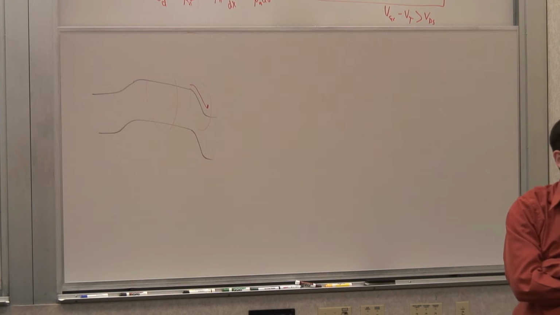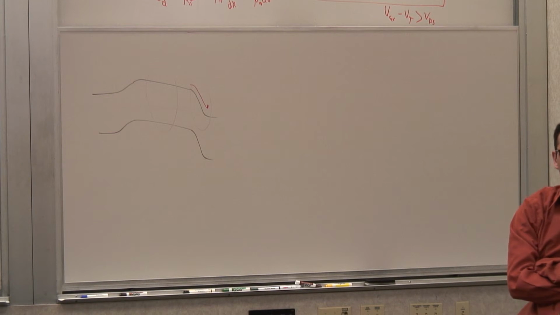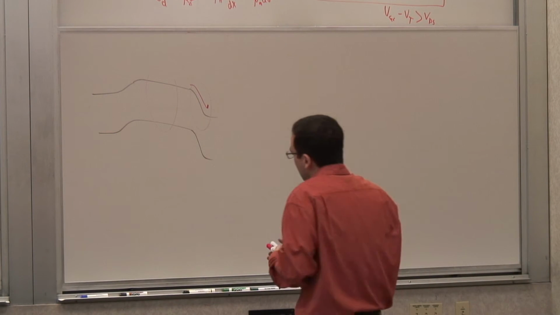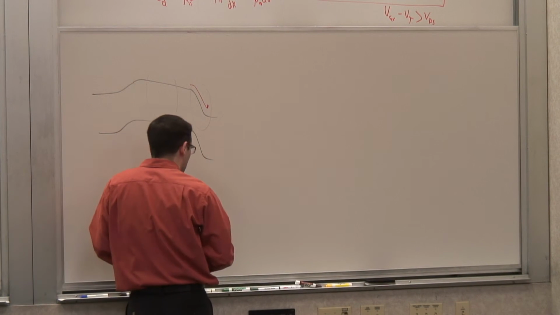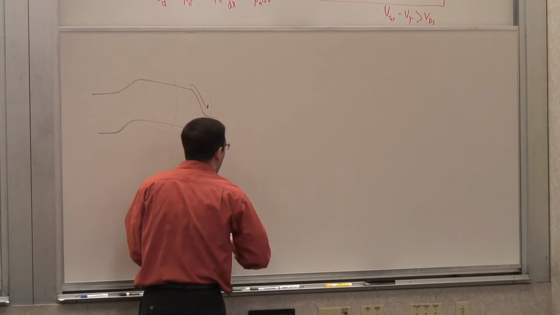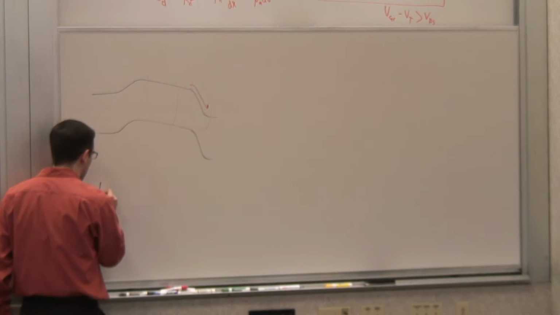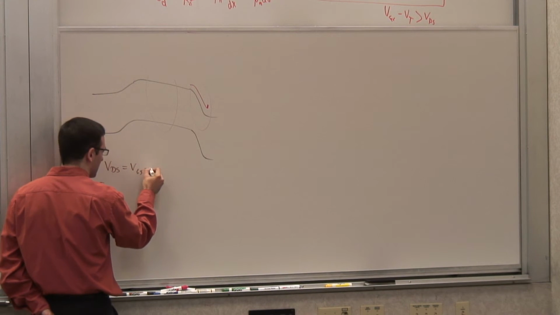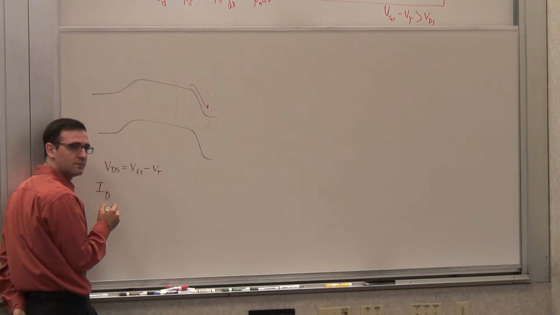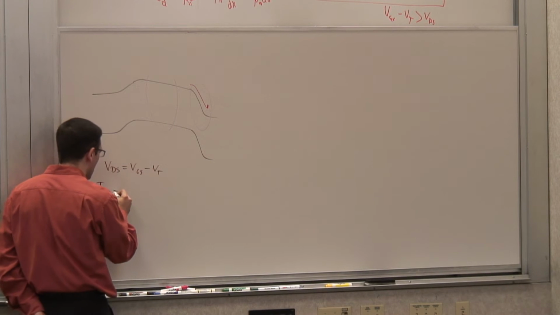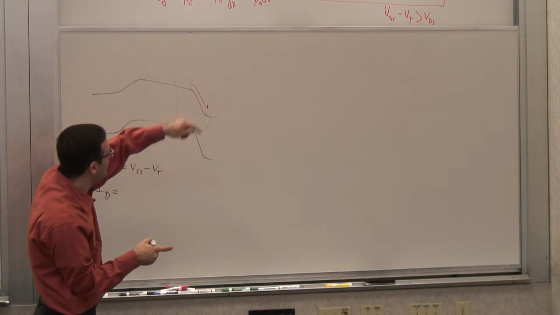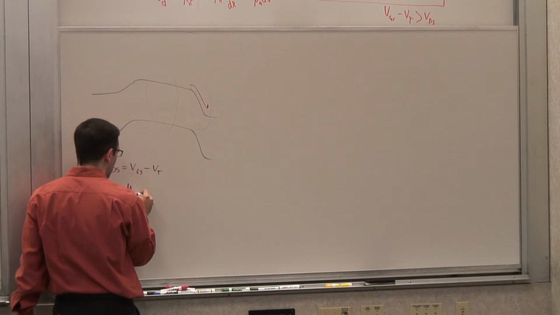It's just VGS minus VT. So I have a fixed channel which doesn't change that much in length, and its voltage across it is VGS minus VT. Therefore, is it fair to say that my current would be what I get for a VDS equal to VGS minus VT, to the first order, in the pinch-off region? So I just need to plug VGS minus VT as VDS into that expression. And when I do that, I get something like this.